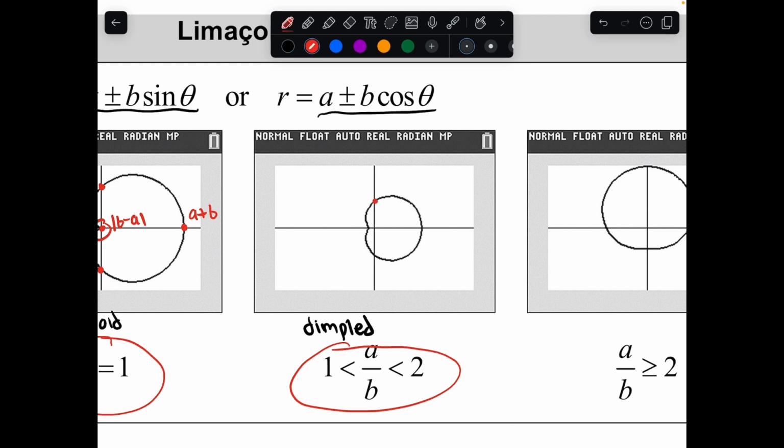We have A up here, we have A over here, we have A plus B. Now right here, this kind of dimple is still going to be the absolute value of B minus A, but it's going to be in the opposite direction to which the Limacon is pointing. So in this case, our dimpled Limacon is pointing to the right. So the dimple is going to be to the left.